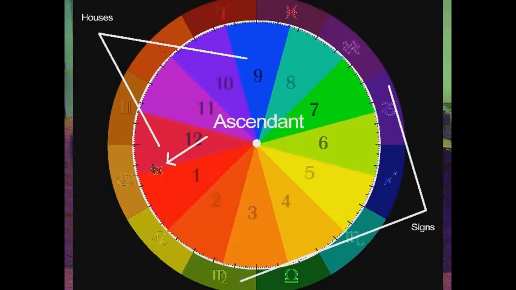Why it's so important to do that is, while the sun on average travels about 1 degree per day, the ascendant, which is how we figure out where we start our houses, travels at a speed of about 1 degree every 4 minutes. Therefore, the exact birth time to the minute is very important when wanting to form the houses.